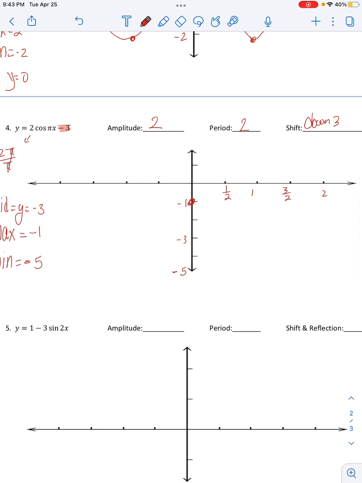It's going to go down to our midline, then to our minimum, then to our midline, back up to our maximum. And then if we're following this, we're going to go down to the midline, to the minimum, to the midline, to the maximum. Should look something like this.